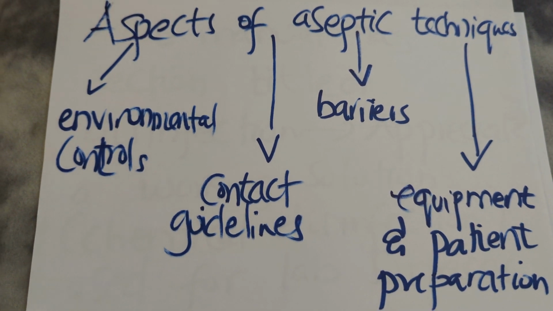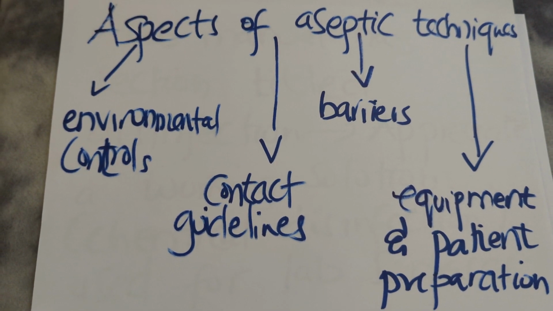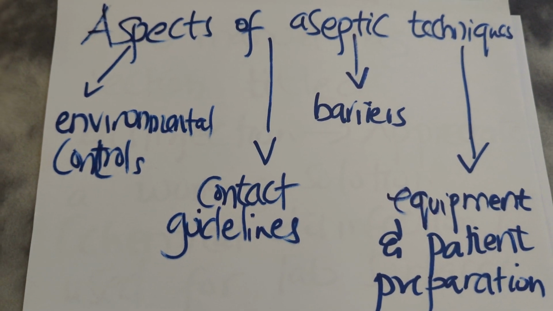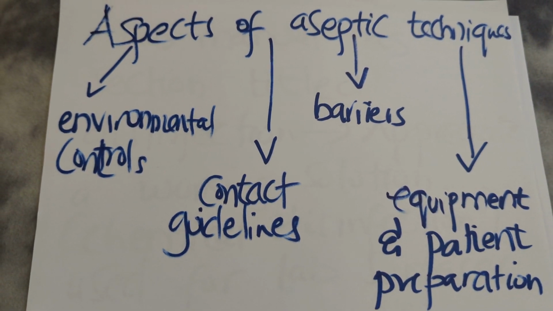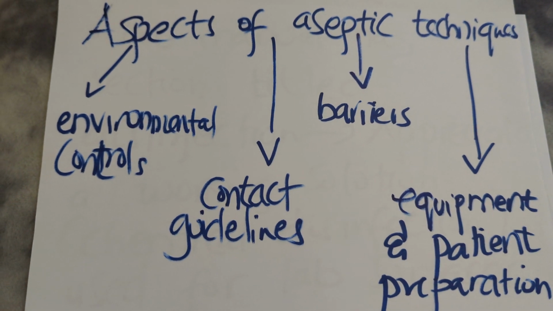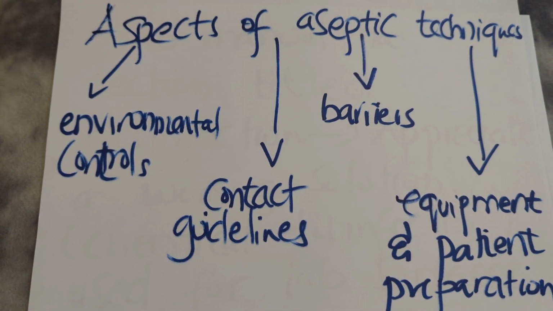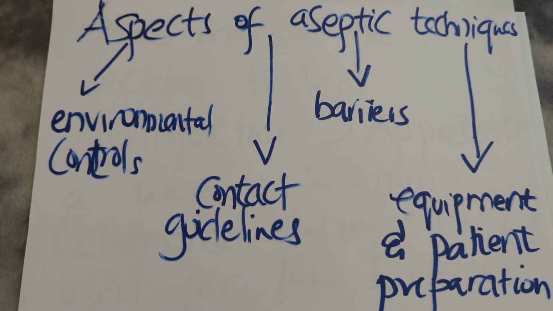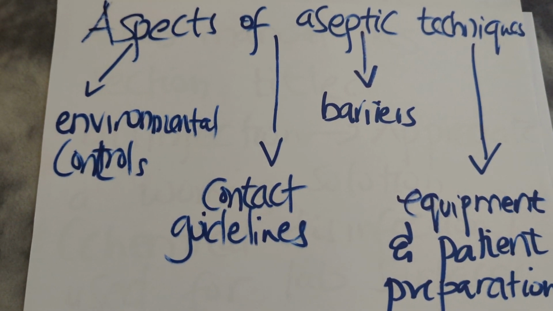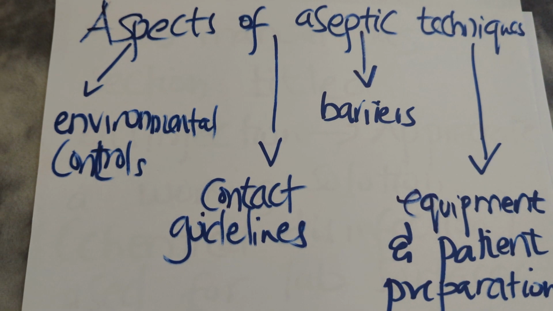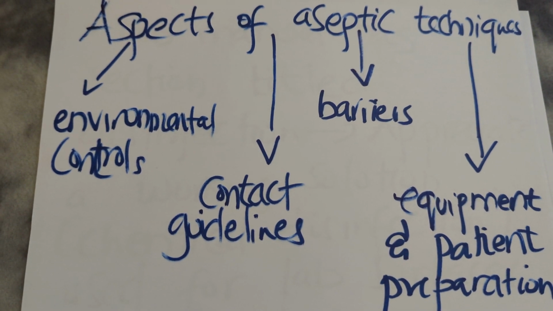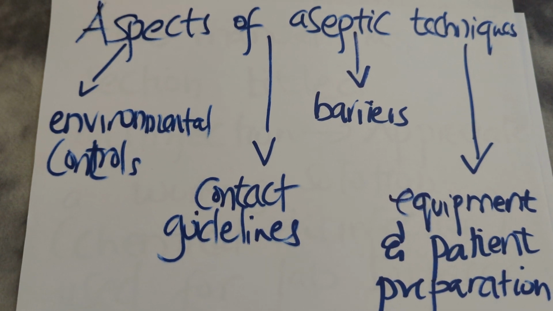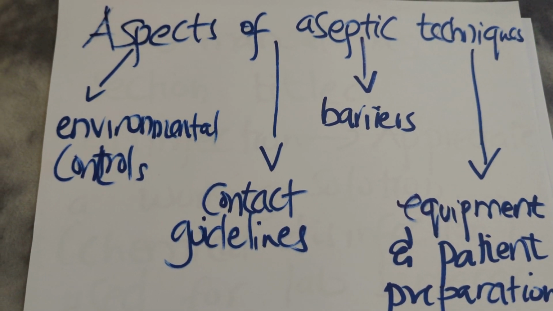Then we have barriers as an aspect of aseptic techniques. This means actual physical barriers that we put on. It can be our sterile gloves, our sterile masks, our personal protective gear. So these are barriers. We are putting a physical barrier between us and the pathogens.